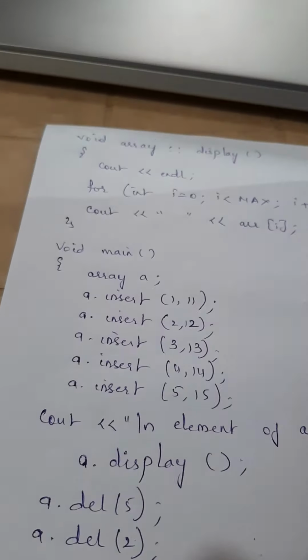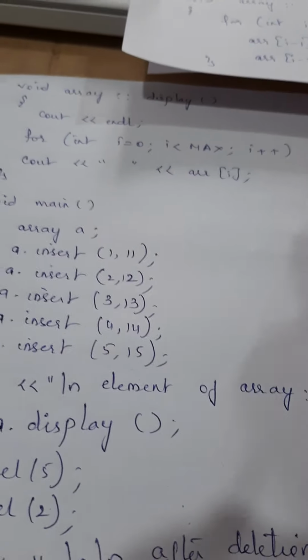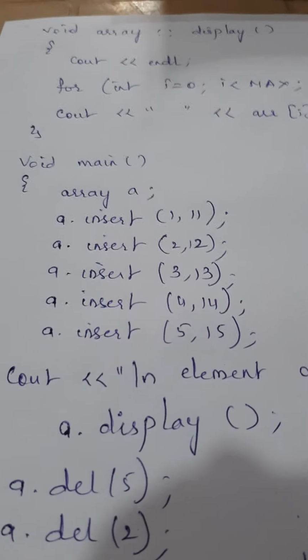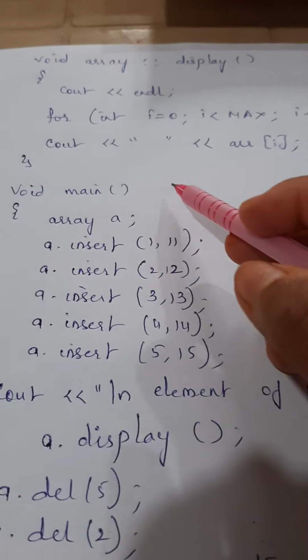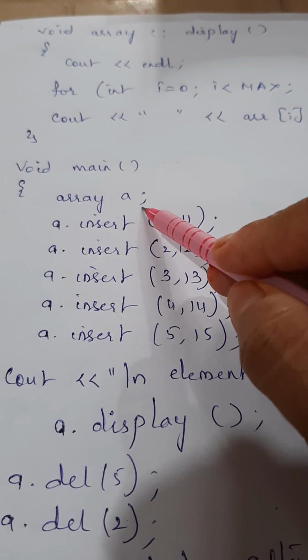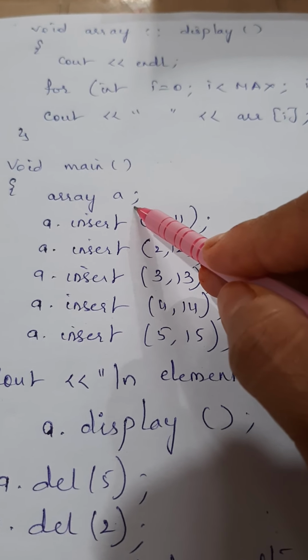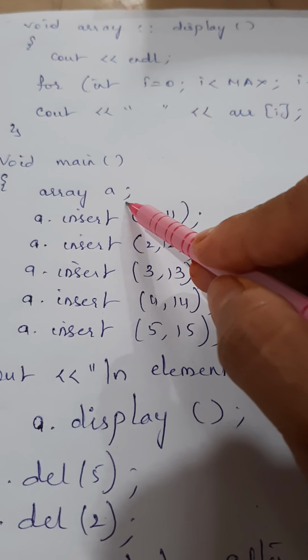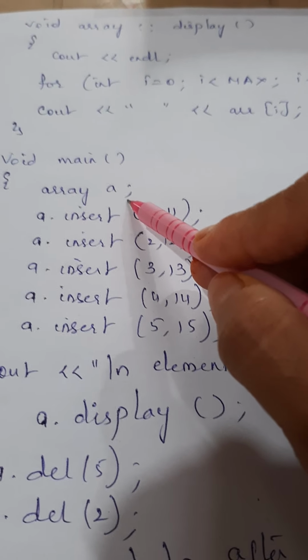Whenever you execute a program, the first thing that starts off is the main function. So here is the main function now. In the main function, we are creating an object for the class. So what will happen when you create an object for the class? The object will initialize the data members and the member functions present inside the class with the memory that they require.